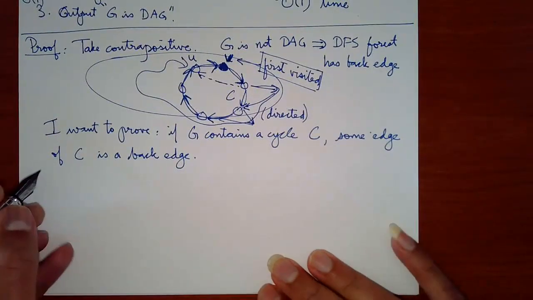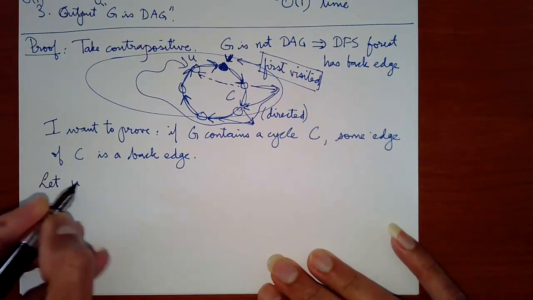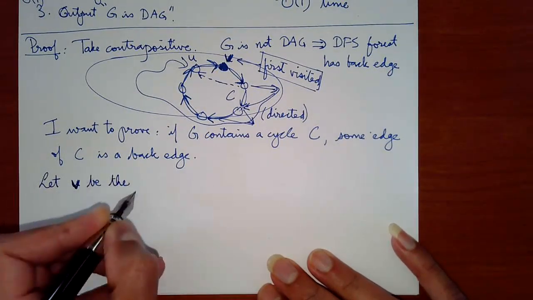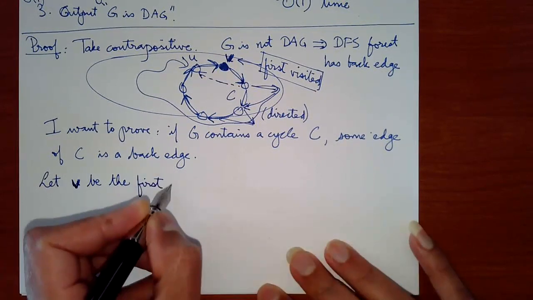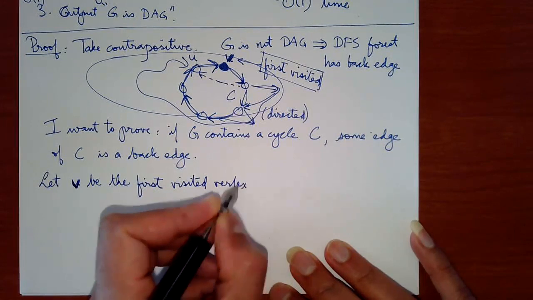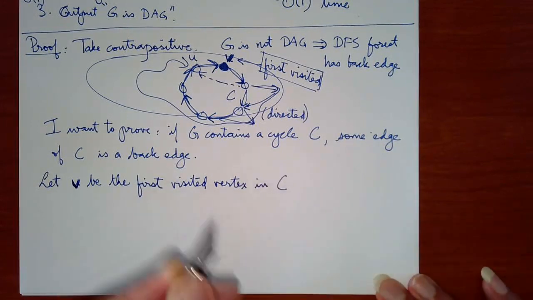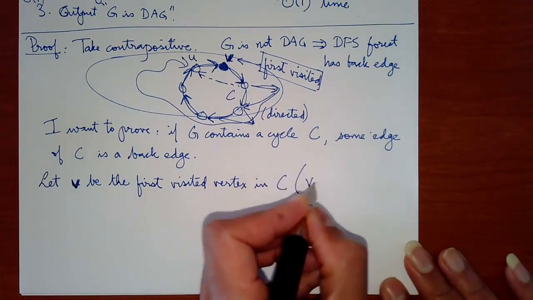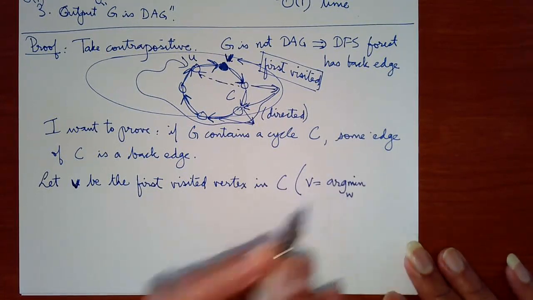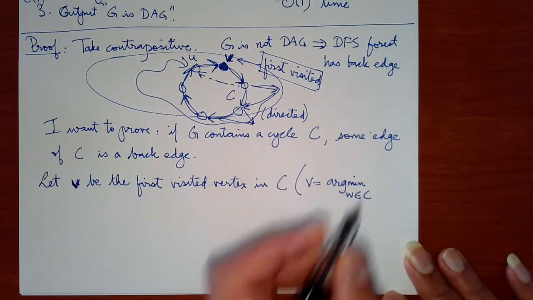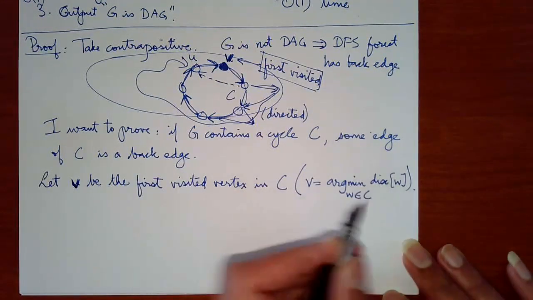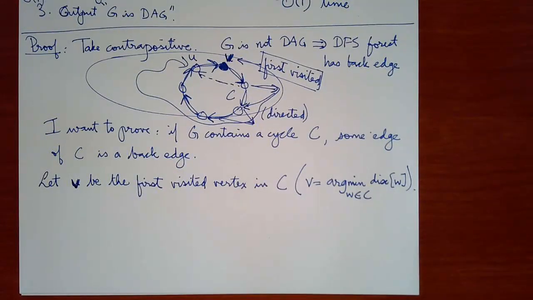So I'll say, let V be the first visited vertex in C. What does that mean? It simply means that V is equal to the argmin over W in C of the discovery time of W. It's the one that has the minimum discovery time.